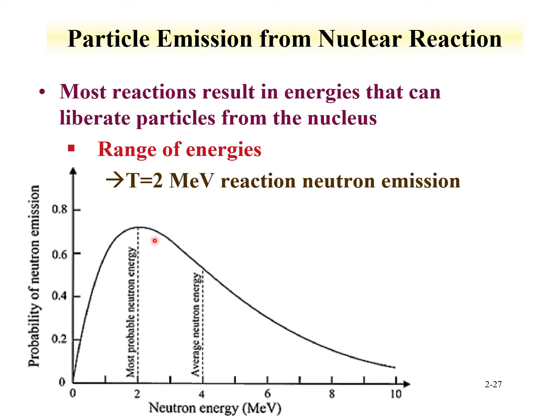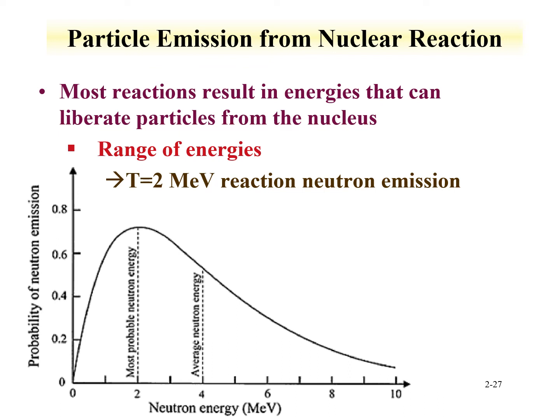So you could talk about a probable neutron energy, your average neutron energy, and then the probability of having a neutron in a certain energy range. The cross section, for example, with a neutron reaction, is going to vary based upon the energy. So if we have a range of energies, we'll have a range of possibilities for the production of certain isotopes.